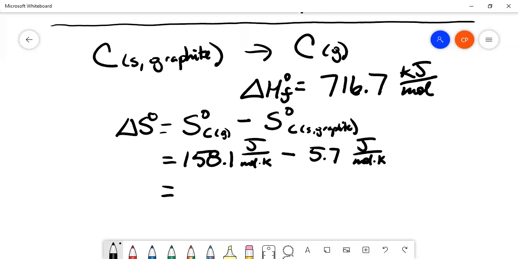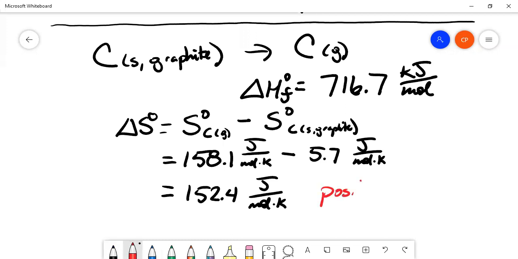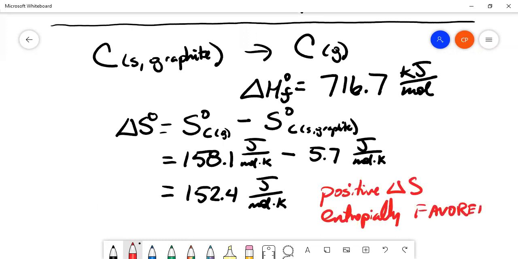That distinction, 158.1 minus 5.7, is 152.4 joules per mole per Kelvin. The transition of any stuff from its solid phase to its gaseous phase is a transition that's entropically favored.